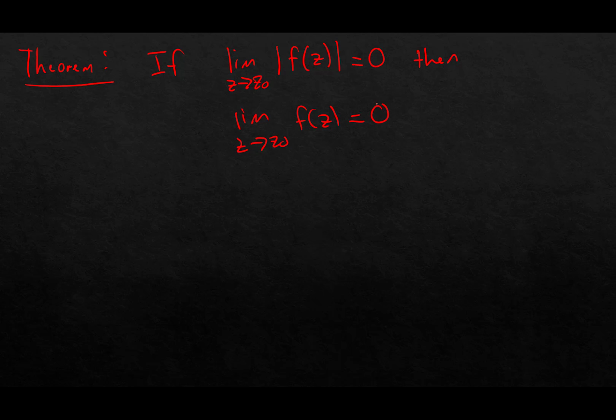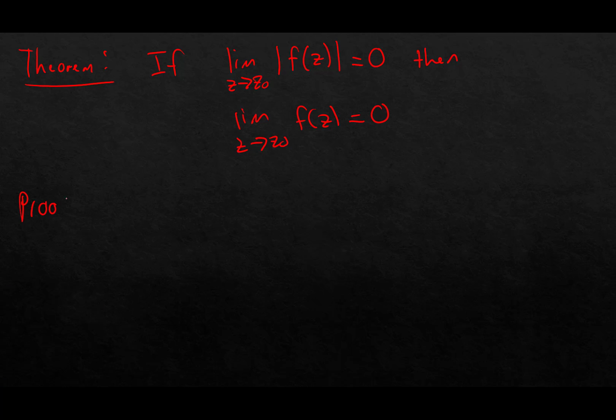Okay, so let's go ahead and prove this really quick. This is actually an if and only if, by the way. So if we had this, we actually get this as well, but I'll have you all prove that on your own. It follows very similarly to what we're about to do anyway. So in any case, let's go ahead and prove this.